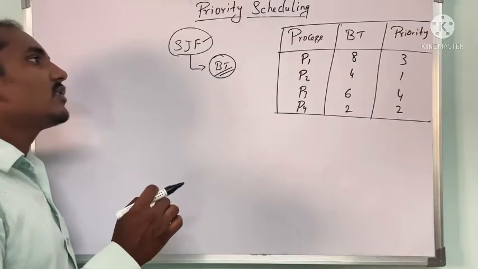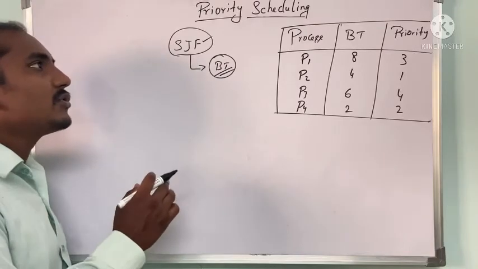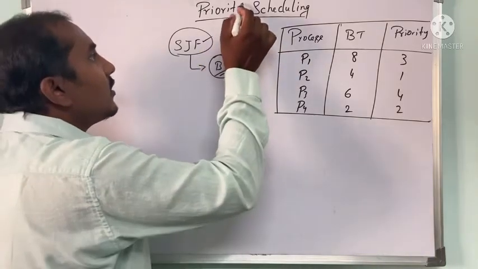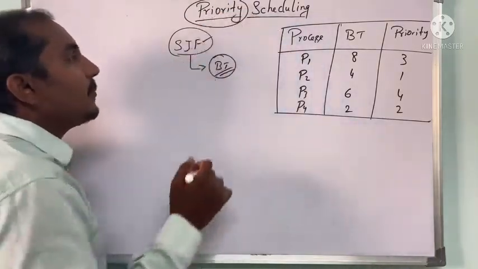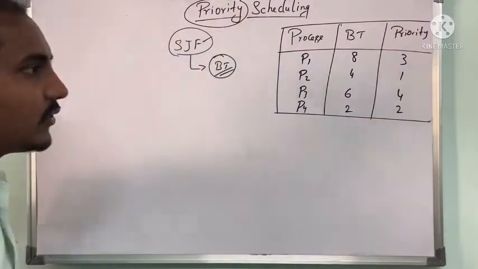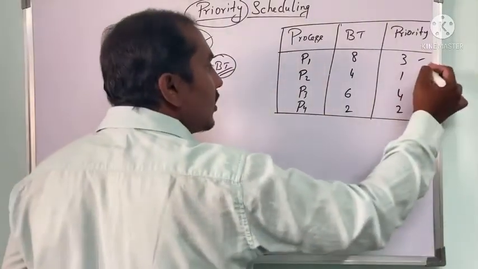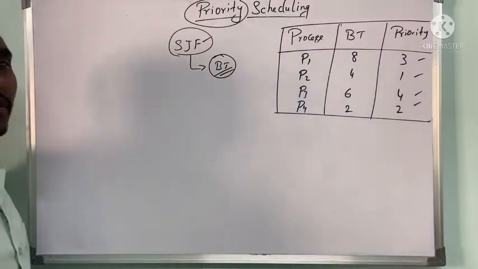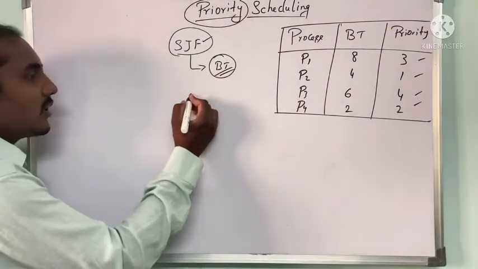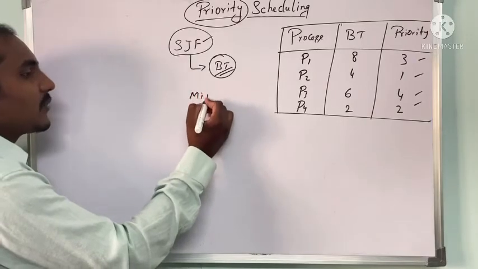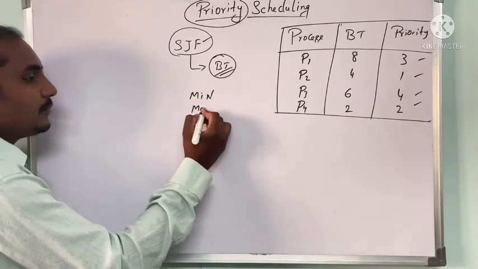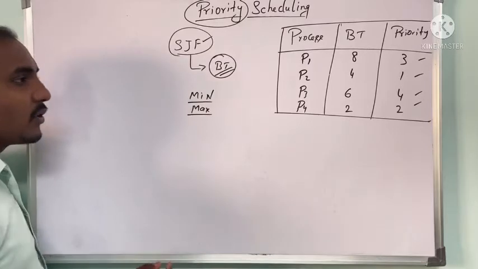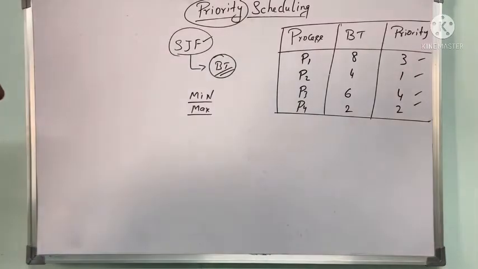The process that we use in the SJF method, we are not going to use when we come across priority. Instead, we are going to assign some numbers to the processes which represent the priority, with minimum priority as well as maximum priority, that is, low priority as well as high priority.